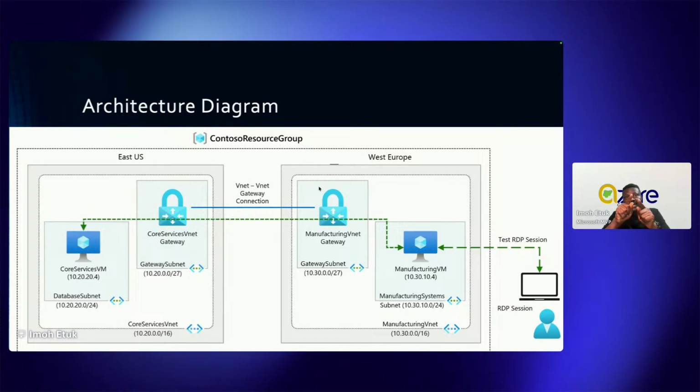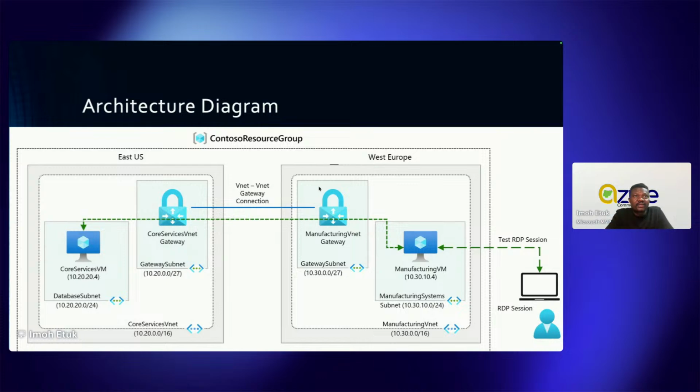So how is this manufacturing VM talking to the VM in the core services VNet? That's where the Azure VPN Gateway comes in. You can see that we have deployed two VPN gateways, and they are talking to each other in this way.